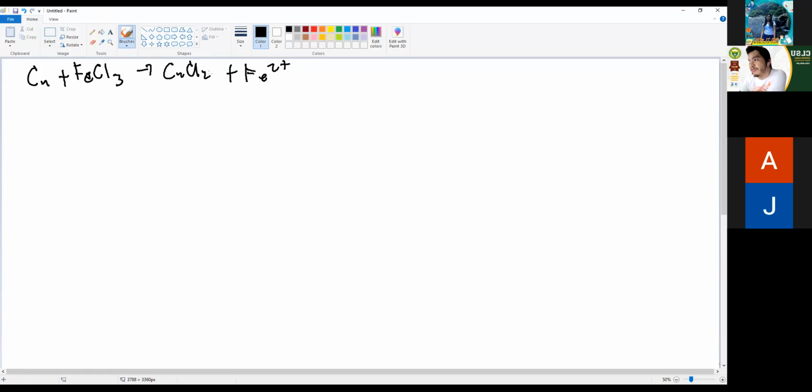So kung titingnan nyo, si chlorine is spectator ion, that means ang overall reaction natin is copper plus Fe3 plus will yield copper 2 plus plus Fe2 plus. Yan. Tama ba?